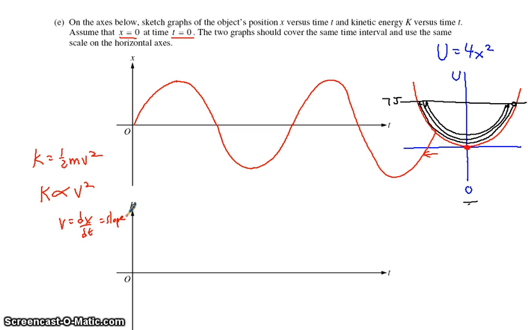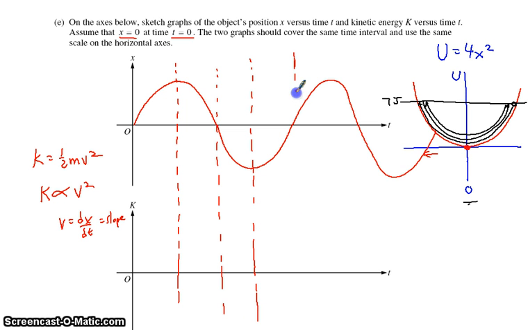Not the only way to do this, but I'm going to think about the slope of this graph. And I want to just mark some important locations here to help me synchronize these two graphs with one another. That's probably enough.